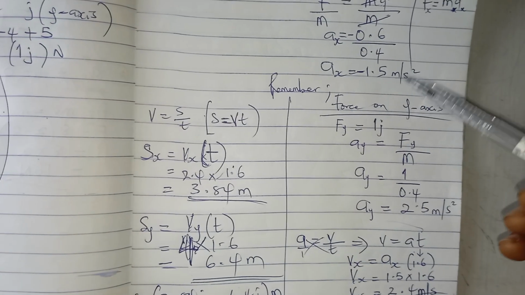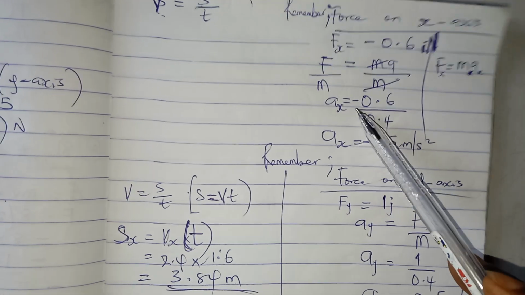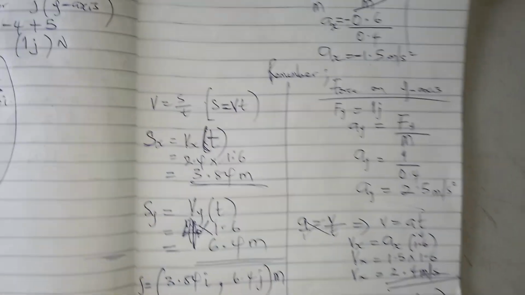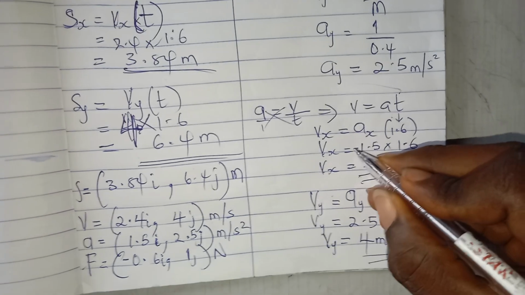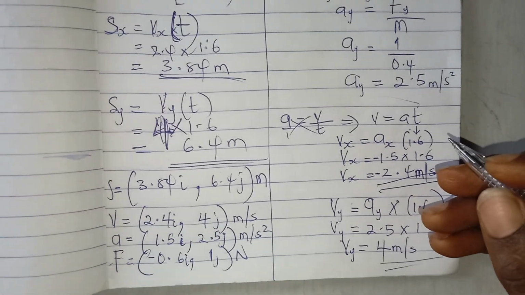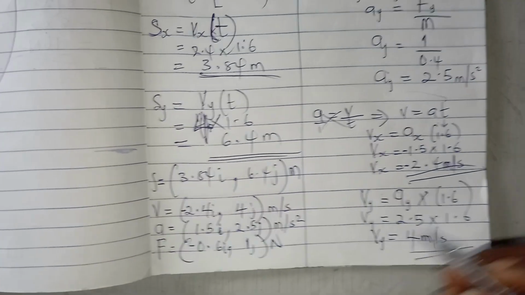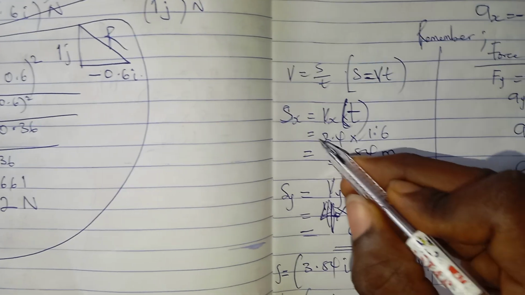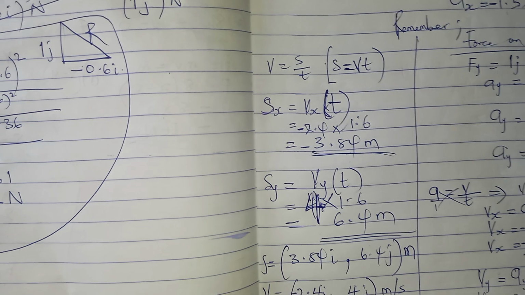For the force on the x-axis, the acceleration on the x-axis is supposed to be minus 1.5 at the end of the day, because this is minus 0.6. Then the velocity on the x-axis is supposed to be minus 2.4, and the displacement on the x-axis is supposed to be minus 3.84.